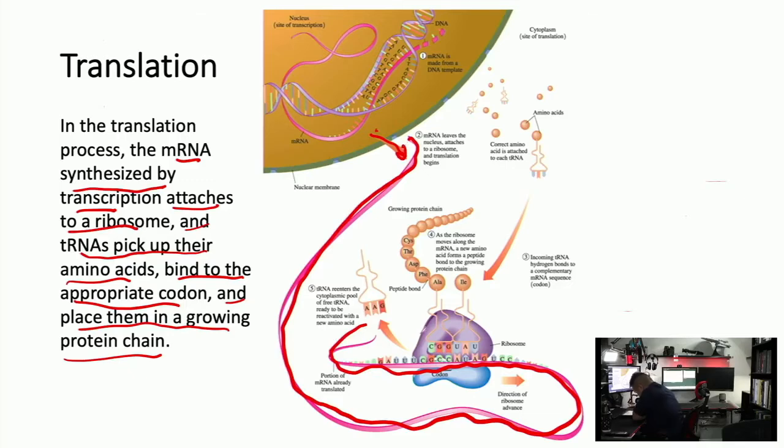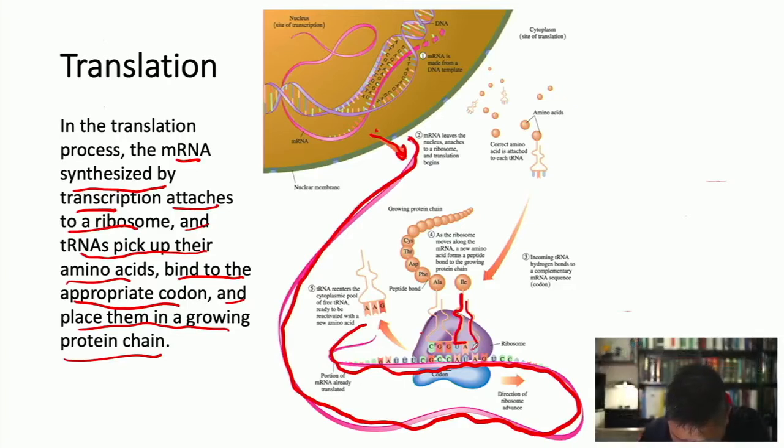And then the ribosome is responsible for bringing over the tRNA that has the anticodons for the mRNA's codons, with its corresponding amino acids. Make sense? Good stuff.